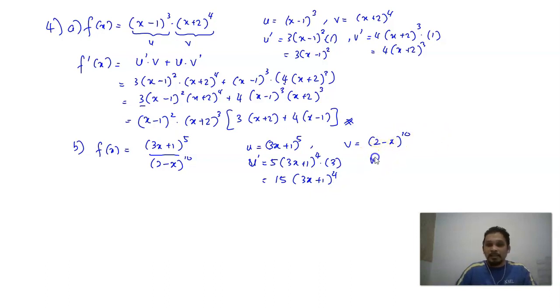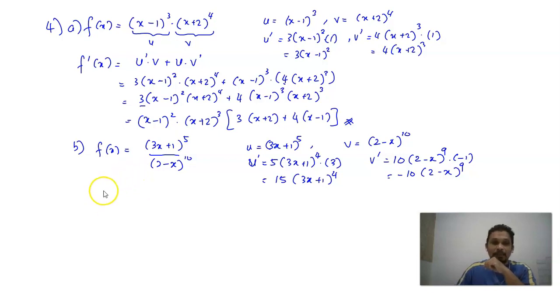Then next, v prime: we differentiate the power of 10, then (2 minus x) to the power of 10 minus 1 equal to 9, multiply with the derivative of 2 minus x, which is negative 1, so negative 10 (2 minus x) to the power of 9.